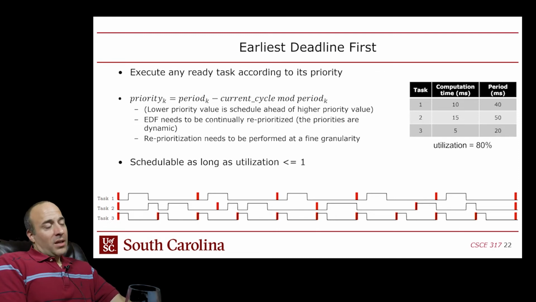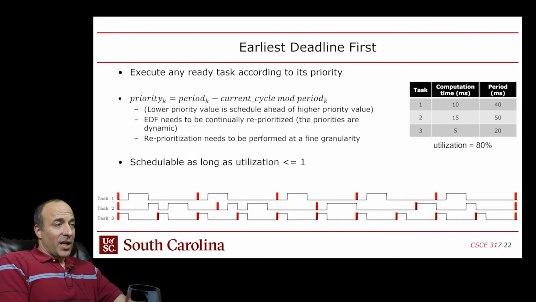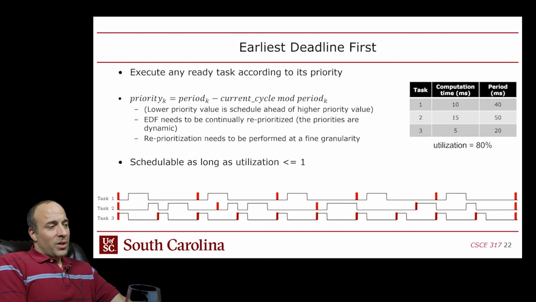So that reprioritization has to be performed at a very fine granularity, meaning very often. However, the good news about EDF is that it's optimal, and it will always allow us to find a schedule as long as utilization is less than or equal to 1. In this case, we have 80% utilization with these 3 tasks, and we have the EDF schedule shown below.